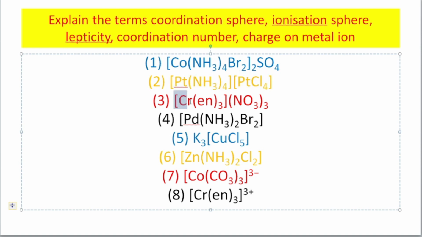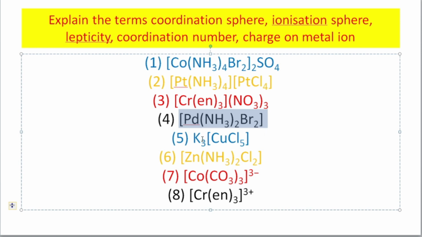See this third compound, [Cr(en)3](NO3)3. Out of square bracket, NO3 thrice are there, and these NO3 thrice constitute which sphere? Ionization sphere. See in the fourth complex, out of square bracket, nothing is there. So in ionization sphere, nobody is there.